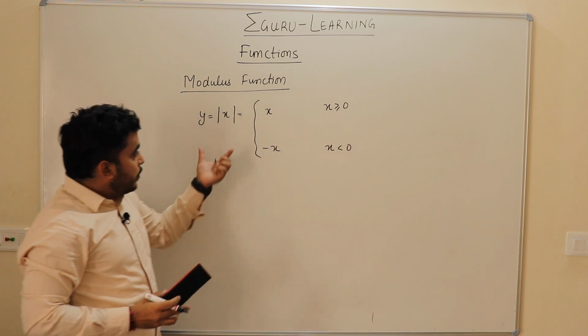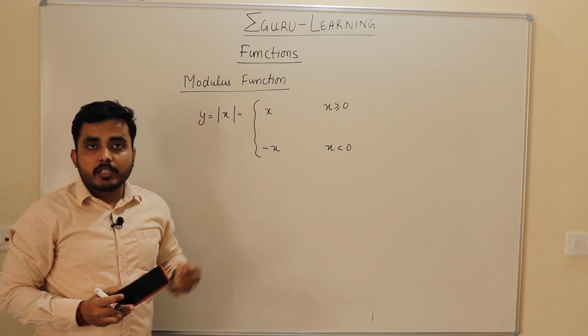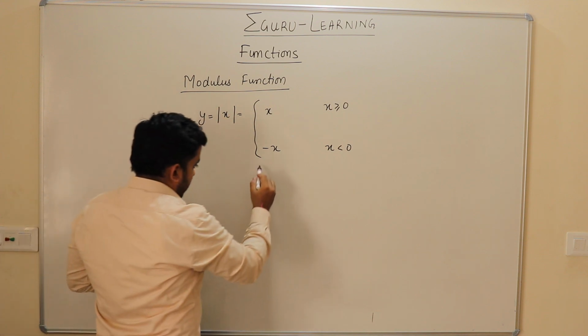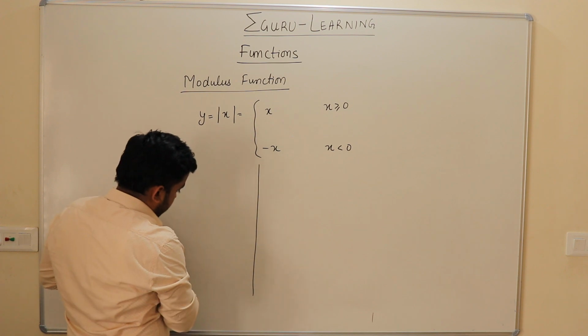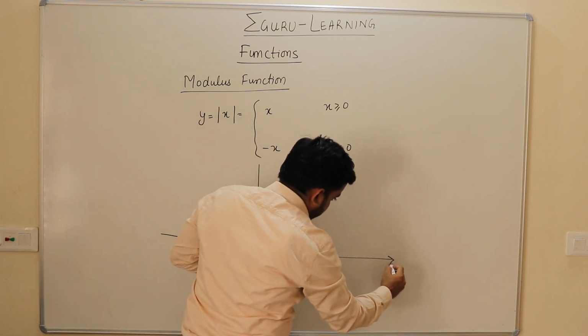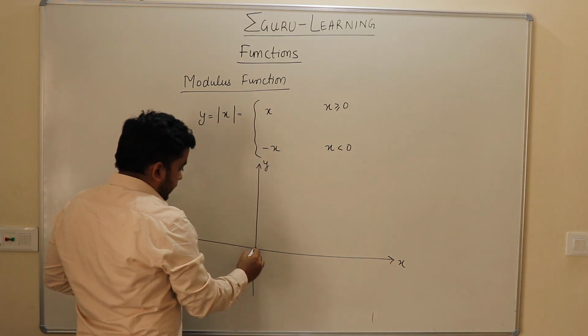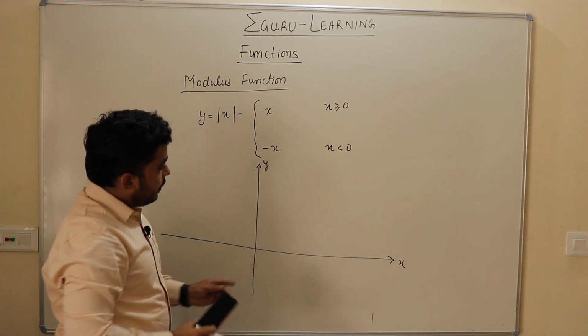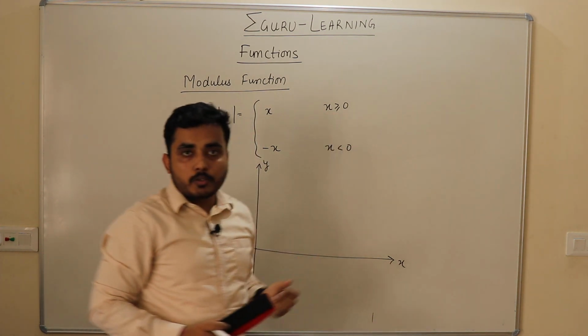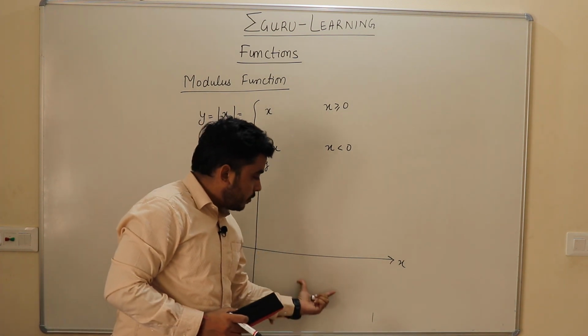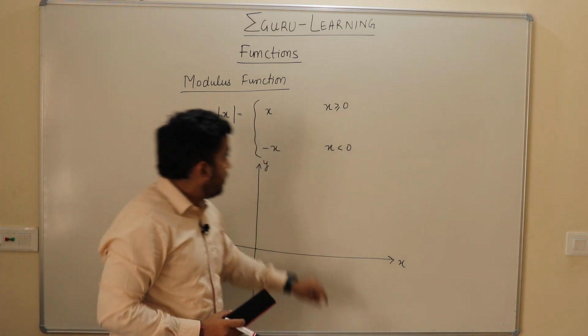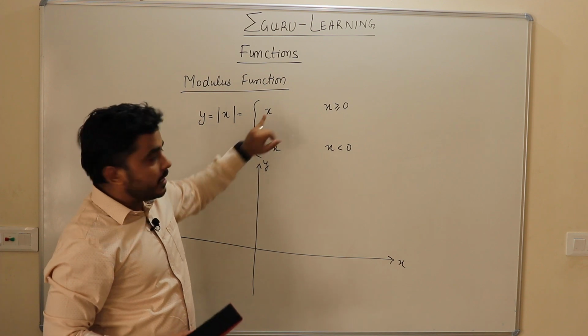Okay, now to plot the graph of y equals modulus of x, let's say we have the x-axis here, and this is the y-axis. In the region where x is greater than or equal to 0, that means in the first quadrant or in the fourth quadrant, we have the line y equals plus x.